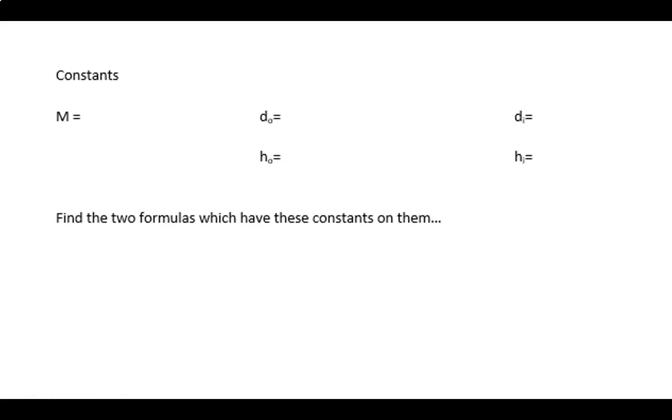So when we take a look at some of these mathematics, M stands for the magnification. DO is the distance of the object, and again, that will be positive. HO is the height of the actual object, and that will be positive as well.